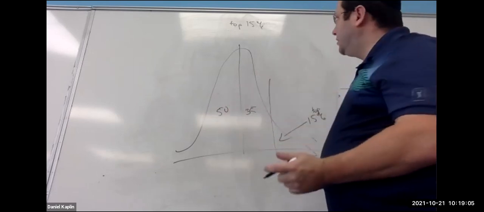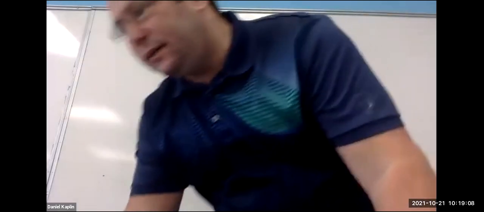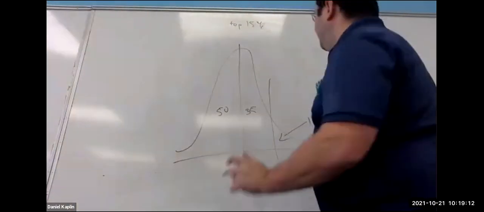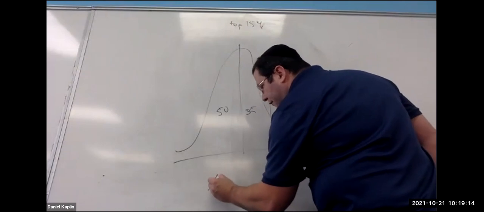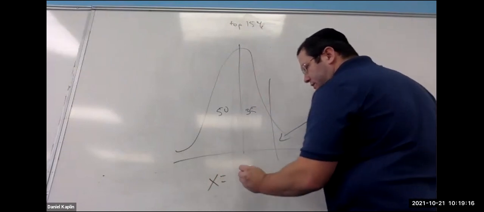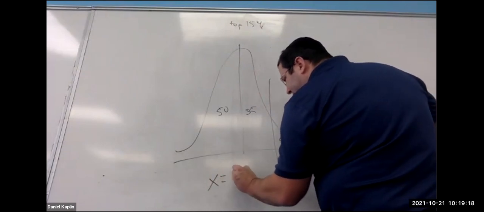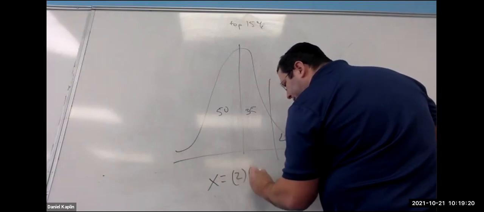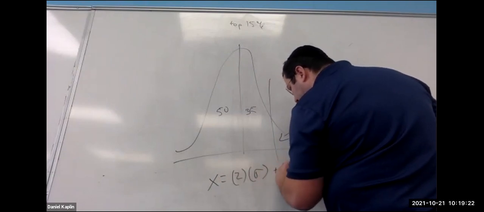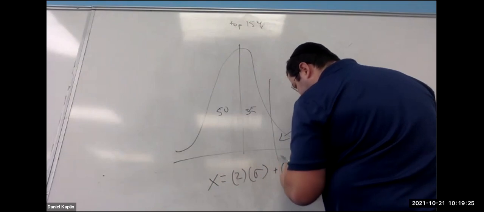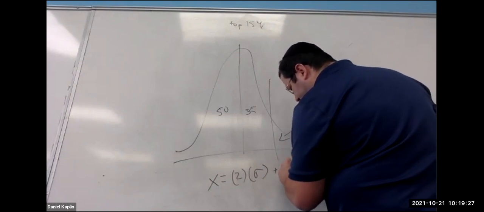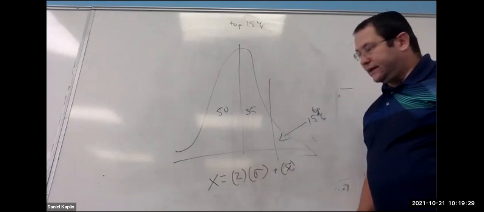So we went in the back of the book, and just to double check, we needed a z-score of 1.03. So we're going to do a raw score formula. X is equal to z times the standard deviation plus the mean, right? I'll do X bar because that's what I did. So let's calculate that.